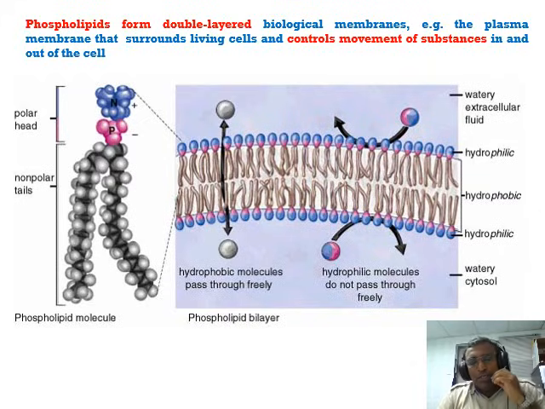So here you see the lipid bilayer, where it can allow certain substances of hydrophobic nature to pass through without any problem, because the hydrocarbon chain of the lipid bilayer allows it. But if it is a charged molecule or hydrophilic molecule, it will be restrained from passing through the lipid bilayer. So that's where the protein channels come in to help move the molecules from one part of the cell membrane to the other.